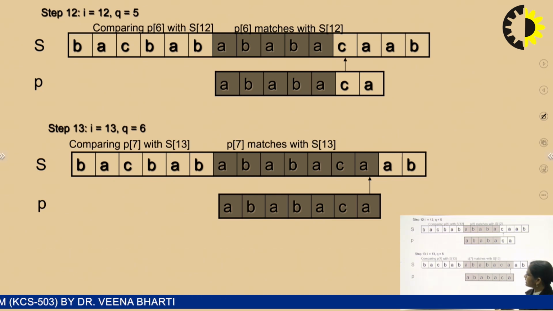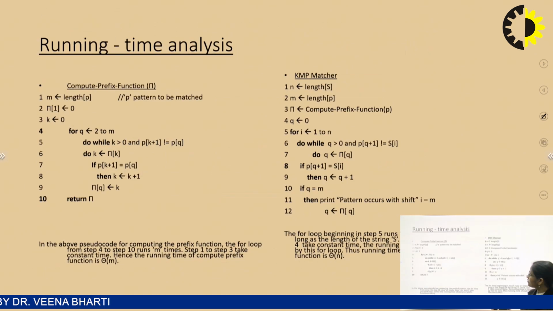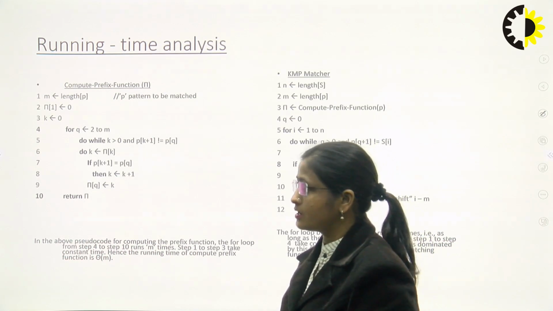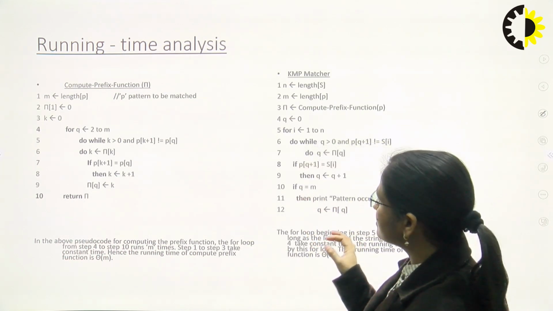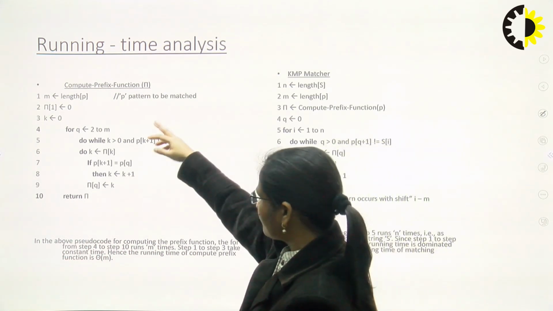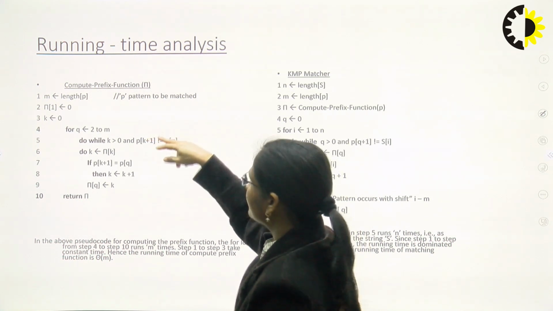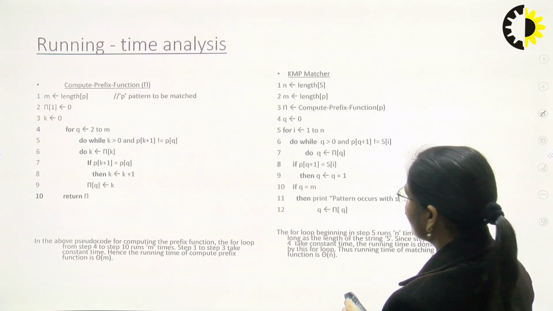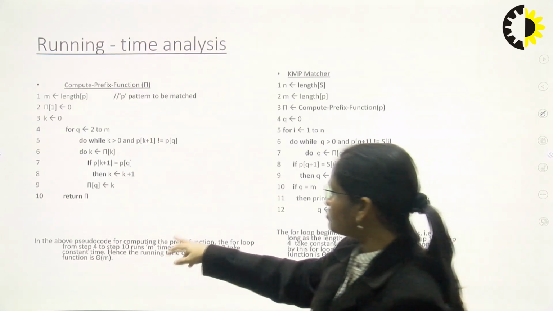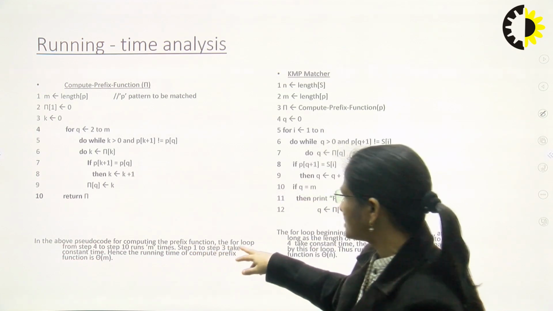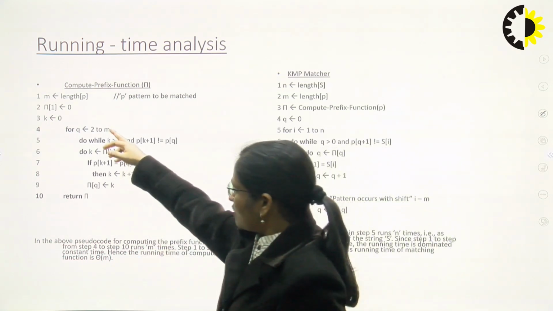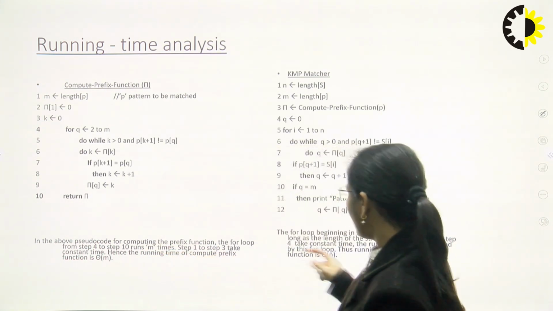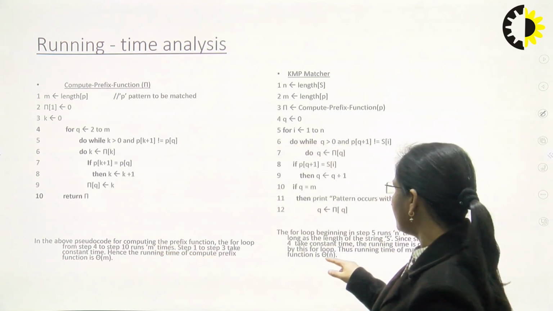Okay, so that is the basic algorithm for our KMP matcher, and this is the running time analysis. This is the compute prefix function, and this is the KMP matcher algorithm. In the above pseudocode for computing the prefix function, the for loop, steps 4 to 10, runs m times, and the matcher's total time is theta of n.